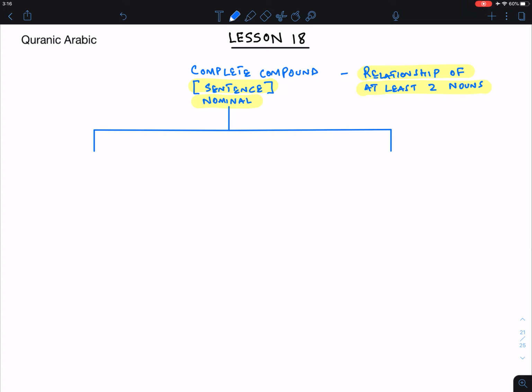Okay, so for a complete compound, or a nominal sentence, the two fundamental elements that in the English language you need, and Arabic's similar, is you need a subject. And it's usually a noun that is in the beginning of a sentence.